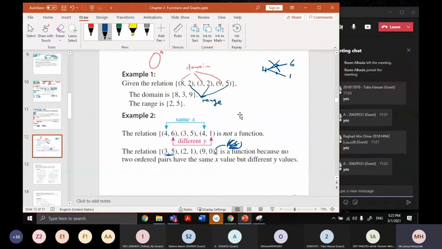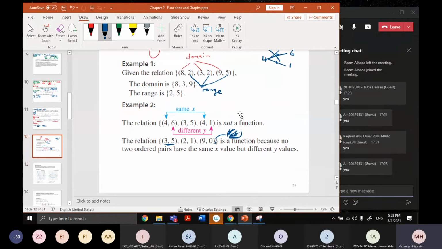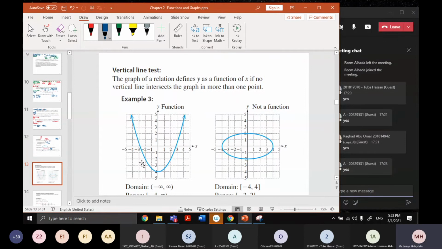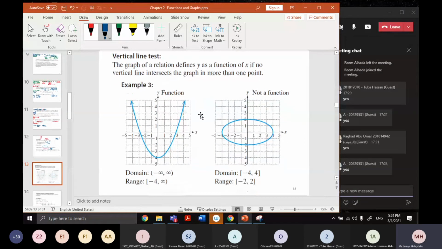Clear? واضح؟ طيب. Now, if you have a graph, you plot your function, okay? So it's more easy to find that it is a function or no. لو أنا أصلا plot a relation، رسمت الجراف حقي، it's more easy to say that it is a function or no. How?